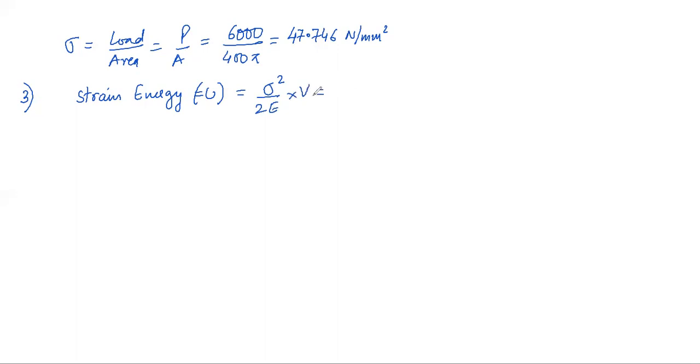So we know that the value of sigma is 47.746, whole square, upon 2 into the value of E, 2 into 10 to the power 5, into the volume. Volume we have already calculated, that is 2 into 10 to the power 6 pi.